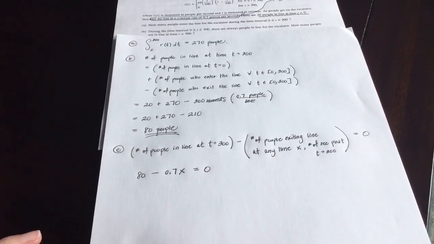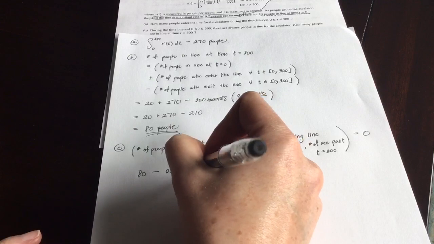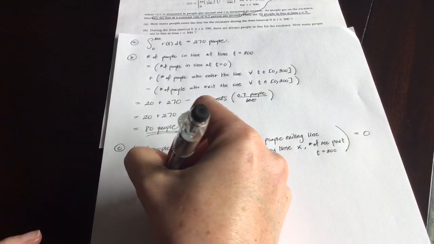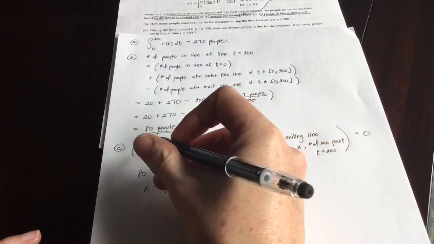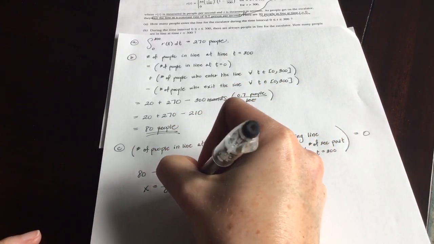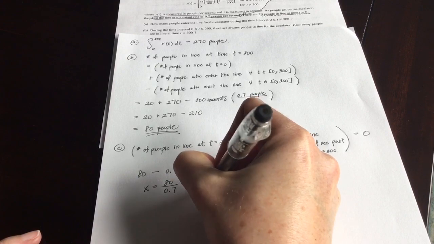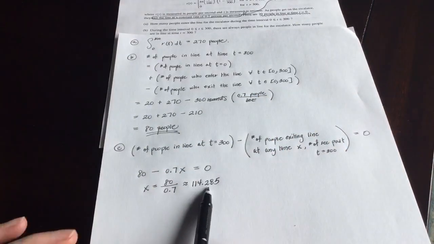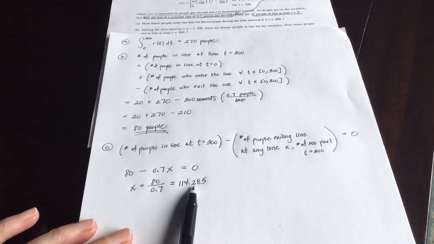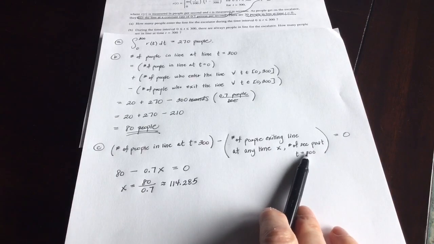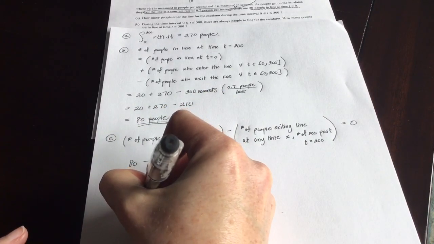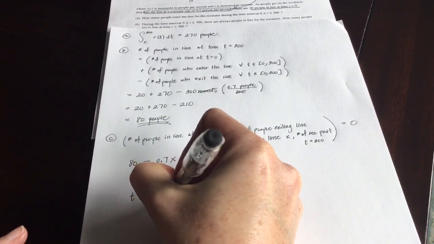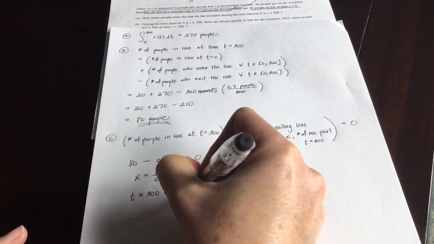Okay, so solving this, you just add the 0.7 over and divide, so x would be 80 divided by 0.7, and that ends up being approximately 114.285. But keep in mind that this is the number of seconds that have elapsed past the initial 300 seconds. So this would result in a time of the initial 300 plus the 114.285.